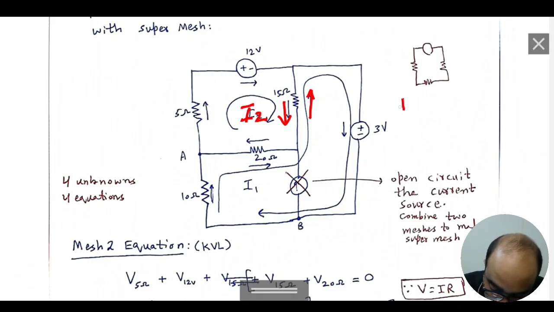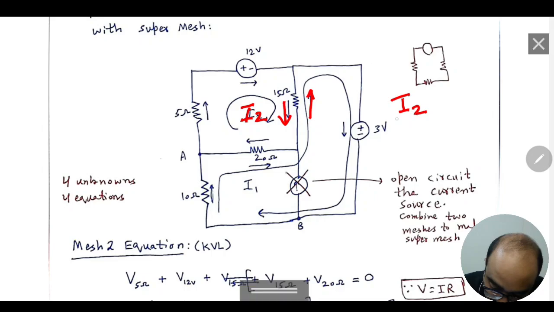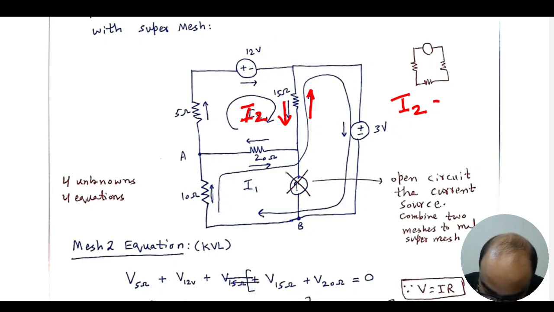So I2 for the 15 ohm resistance will be the net current.